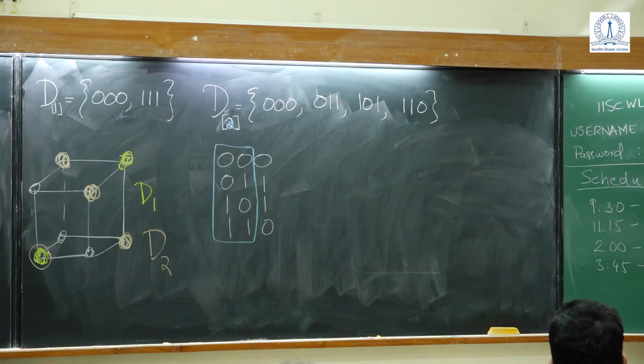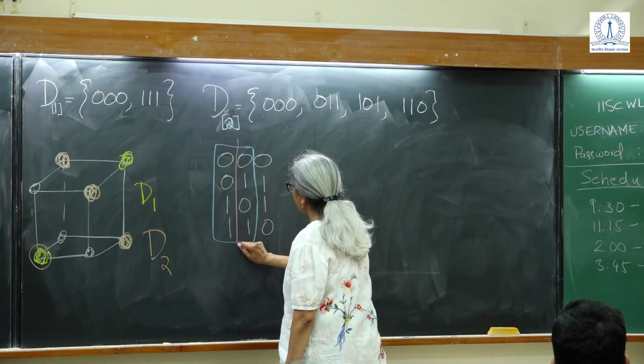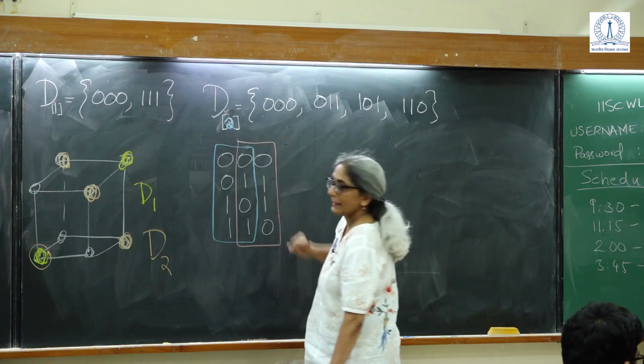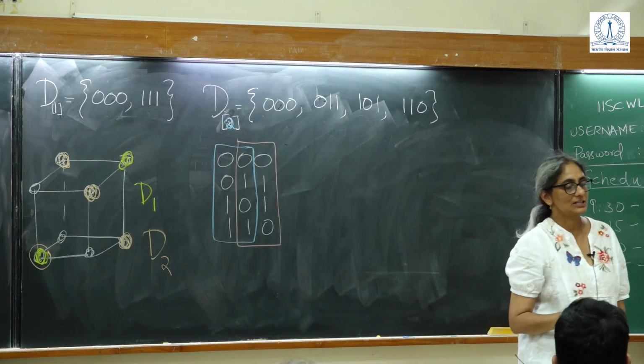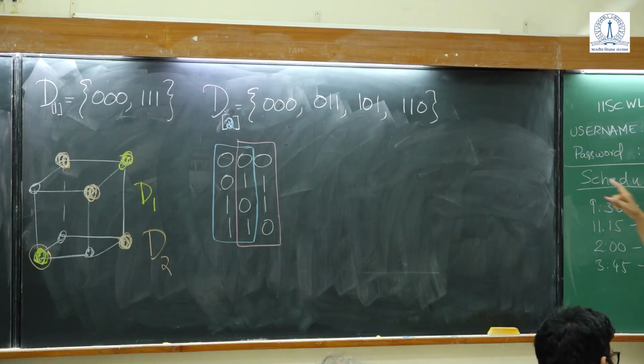They appear once, all of them. Okay, what happens if you picked another 2 columns, like these 2? You also see all the vertices of the 2-dimensional cube appear equal number of times. And if you pick the first column and the third column, also the same, okay?